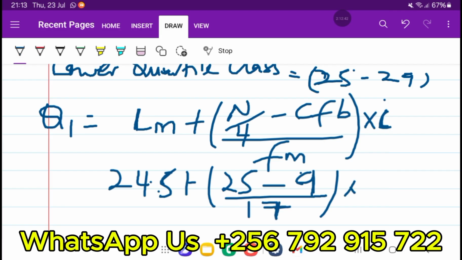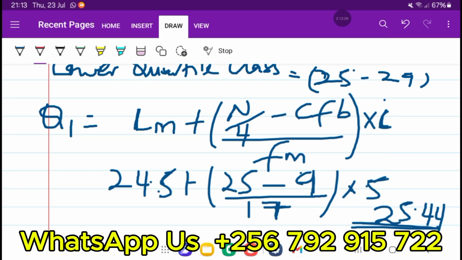Then times 5, because we identify that class interval is 5. Then when you do all your computations, you'll find that the Q1 is actually 25.44.